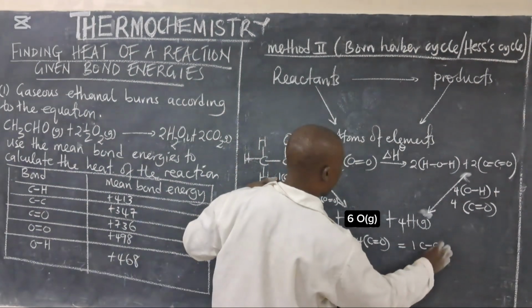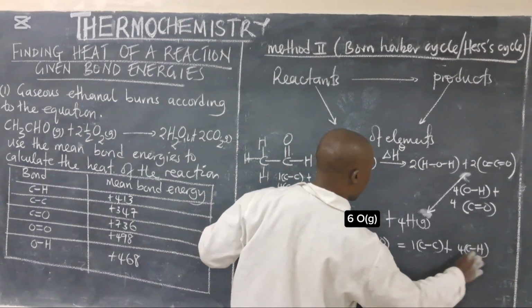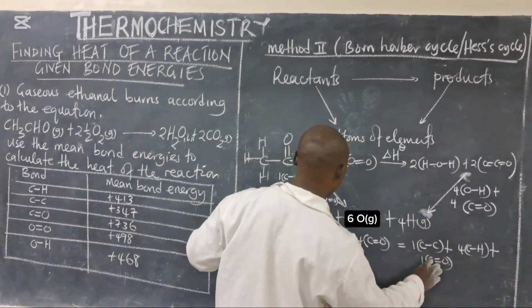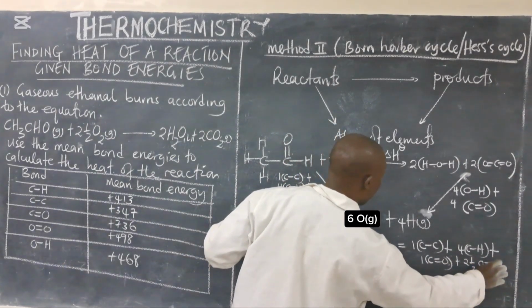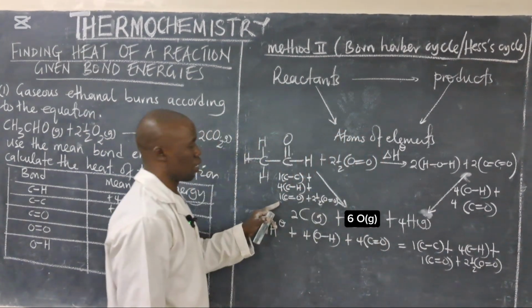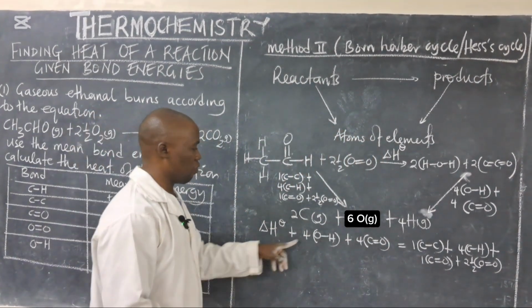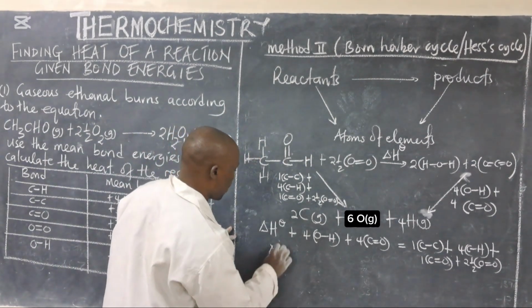That's 1 CC bond plus 4 CH bonds plus 1 CO bond, then plus 2.5 of this bond here. So we can feed in these values, then make this the subject.